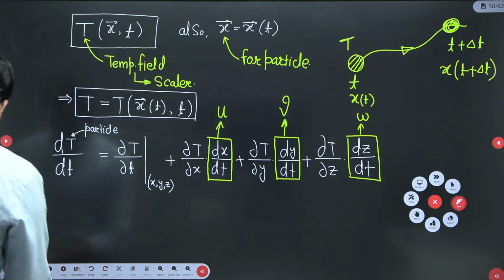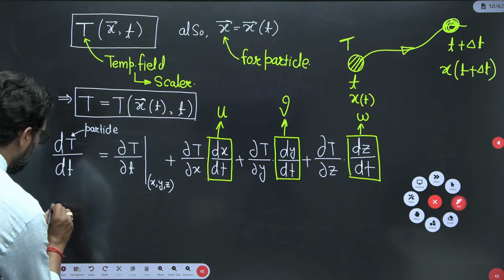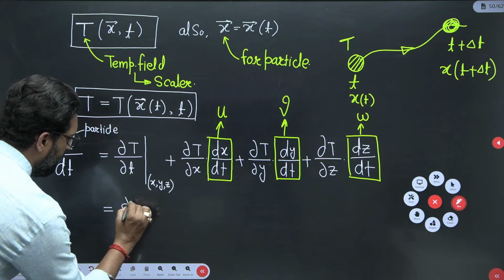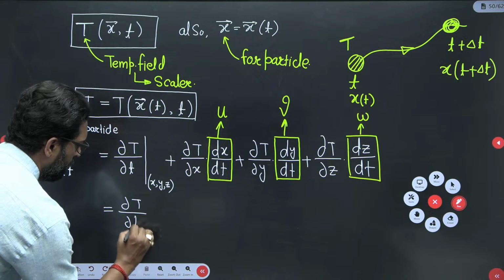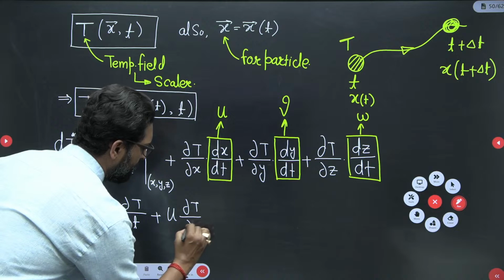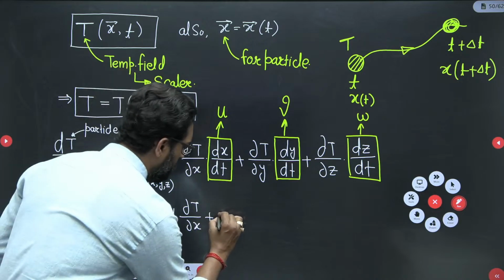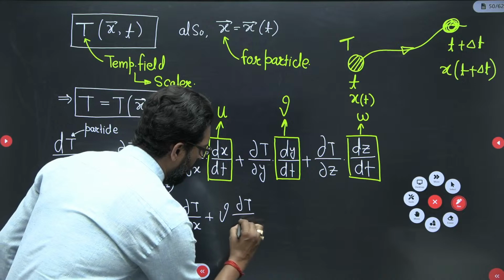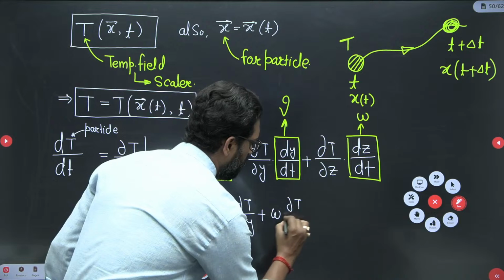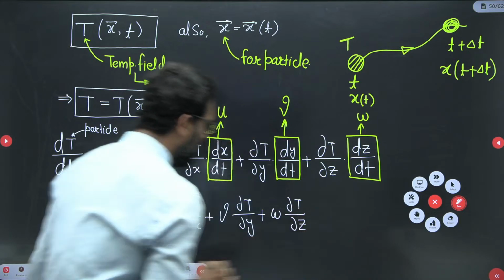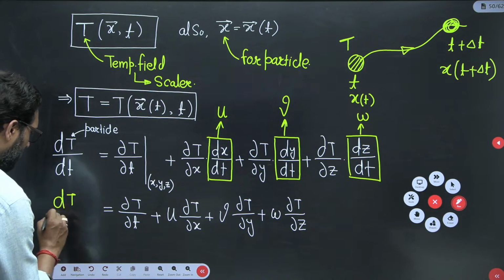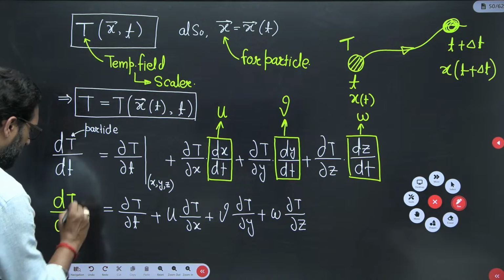So if we write like that, dT over dt equals dou T over dou t plus u dou T over dou x plus v dou T over dou y plus omega dou T over dou z. My dear, this is your dT by dt, and this is for the particle.